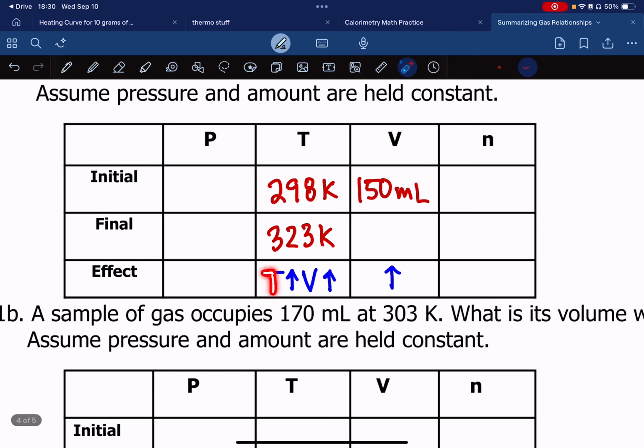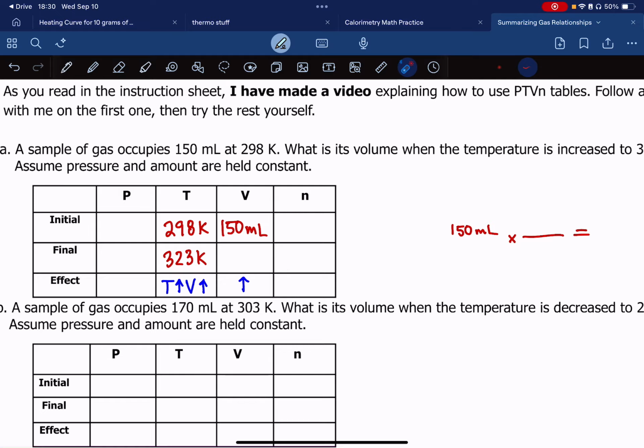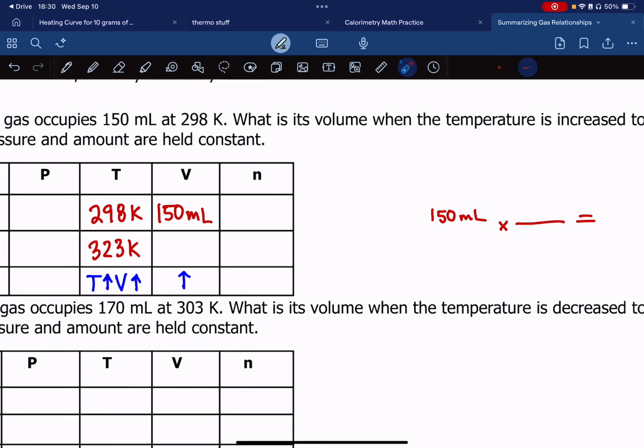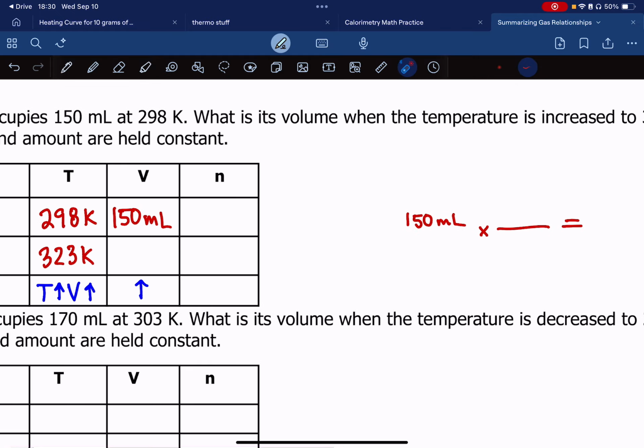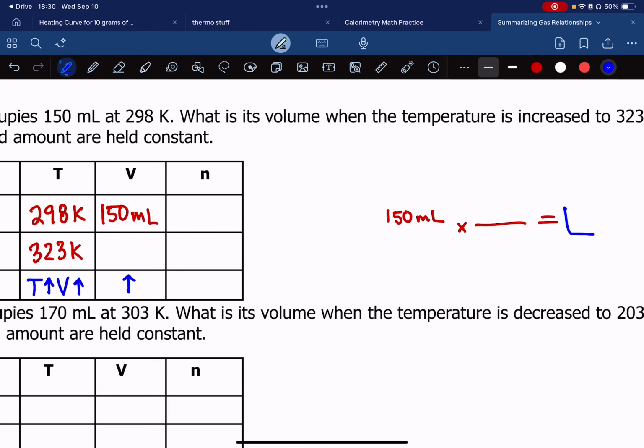So if I know that T up, V up, and we know that because we watched the video with the balloon, and we know that they scale proportionally as well because we drew the graph, then I know that my 150 number is going to get bigger as a result of my temperature increase. So if I know that my answer has to be bigger than 150, then that tells me automatically that I should put my 323 on top of my 298.